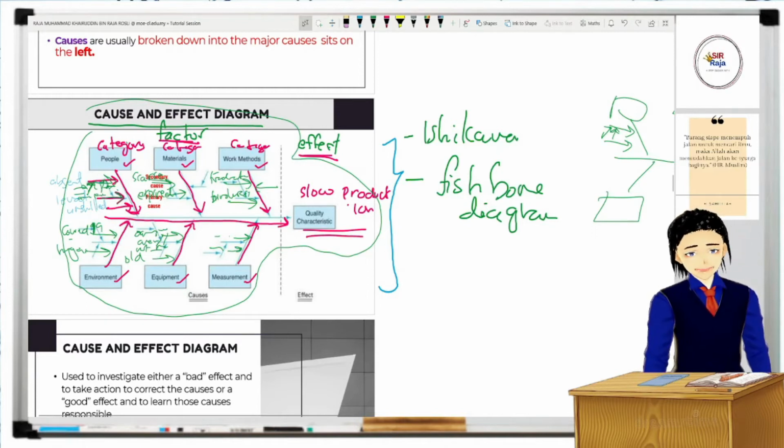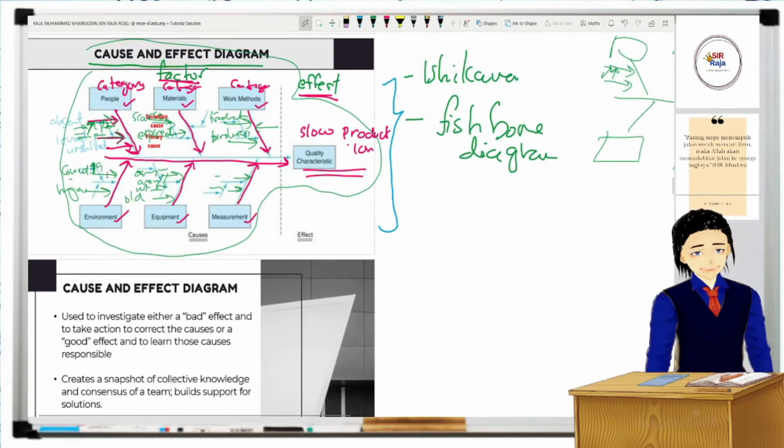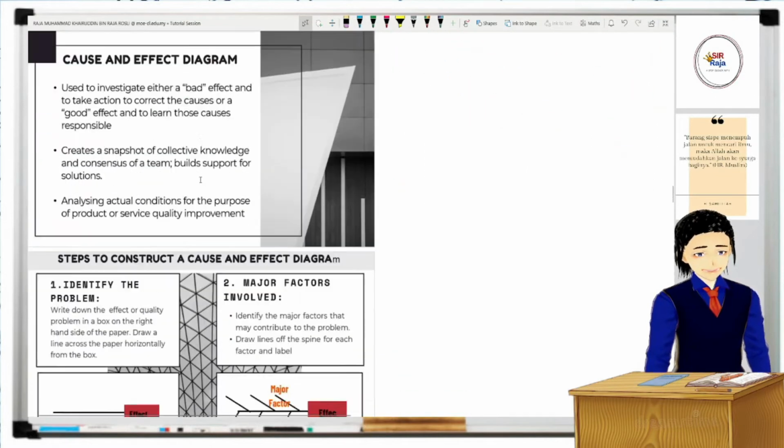All these factors, these causes here, contribute and direct us to the effect. The causes are in the people category and they bring us to the quality, to the effect here. So you must always use arrows. Please pay attention to that.